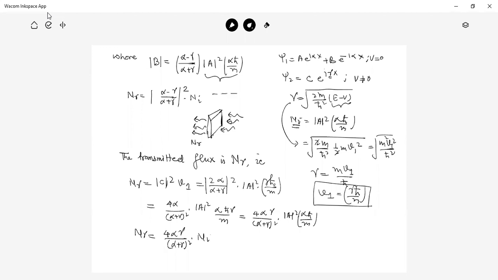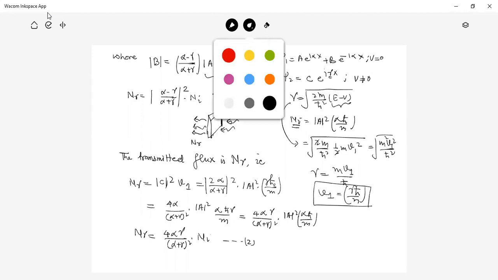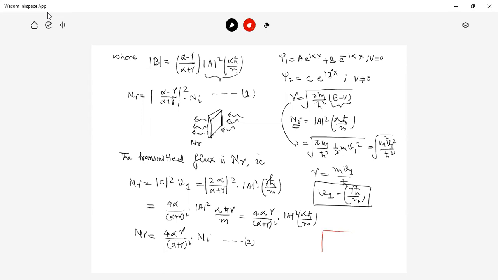So suppose this one is equation 1, and here it is equation 2. So how to picturize this equation 2? This was our step potential, and the particle is approaching from this part. Here it is Ni incident, here it is Nr reflectance, and then there is a transmission.